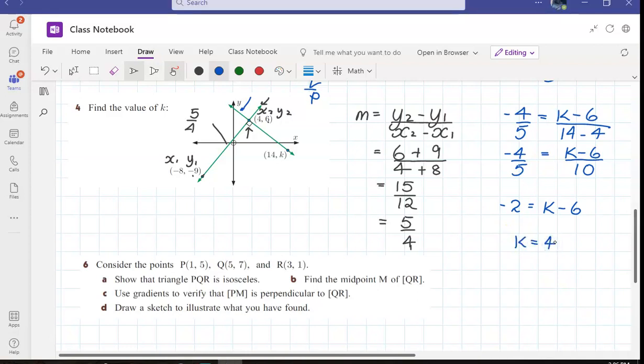Did you get that? Yep. How come I didn't have to cross multiply? Because I'm looking at my fraction. I go, ooh, what did I do to go from 10 to 5? I divided by 2. So to go from here to here, I'll divide by 2. So bang. But if you said you cross multiplied, did you get k as 4? Yeah. Correct.